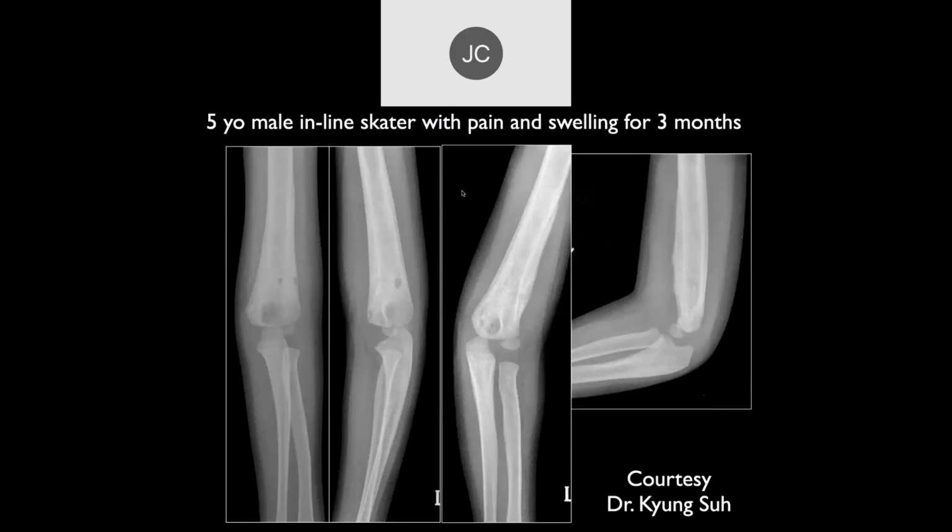Okay, 5-year-old male, inline skater with pain and swelling for 3 months. Okay, let's see. What I see is a rounded lucency in the humeral metaphysis. Okay, there are multiple lucencies, and some thickening, maybe some periosteal thickening.